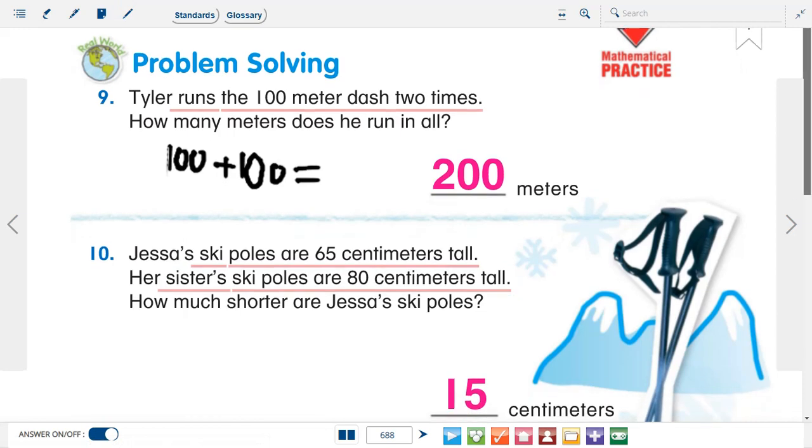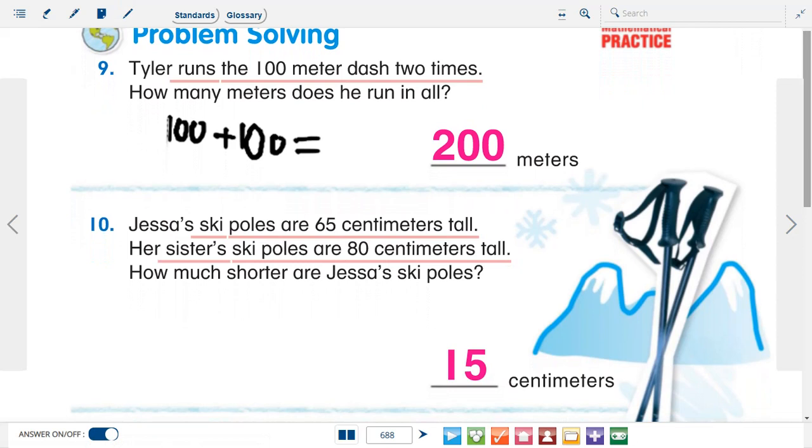Do you remember when we were talking about things like this? We said that how much shorter, how much longer mean we're going to subtract. So, we're going to use minus. Again, how much shorter, how much longer, how much more, how much less. All of these words mean that we're going to subtract. So we're going to minus numbers. I'm going to use the orange color this time. So we have 80.